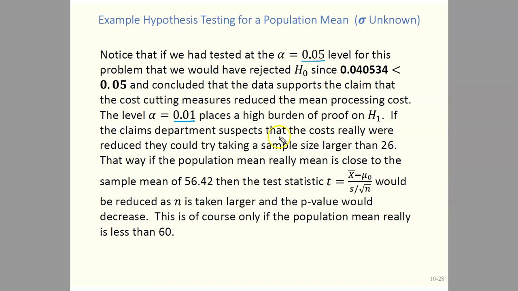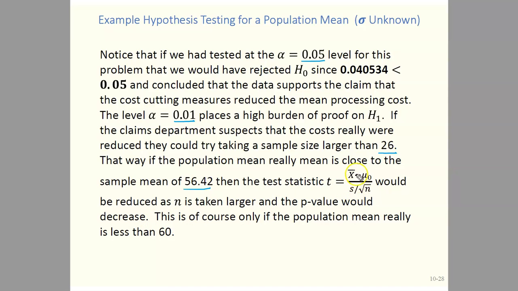Now, if the processing department suspects that the costs really were reduced, then what they could do is take a sample size larger than 26. That way, if the population mean really is close to the sample mean of 56.42, say, then your test statistic would be reduced as n is taken larger, and the p-value would decrease.